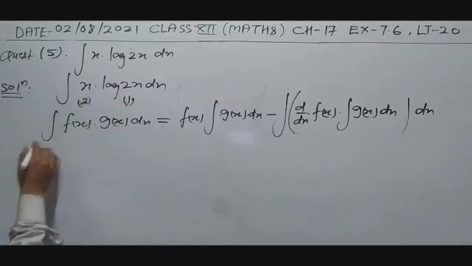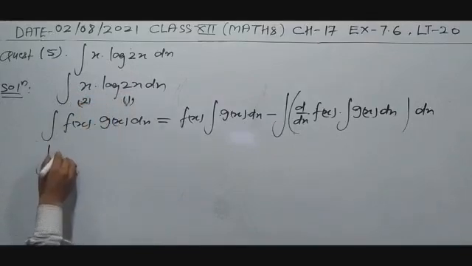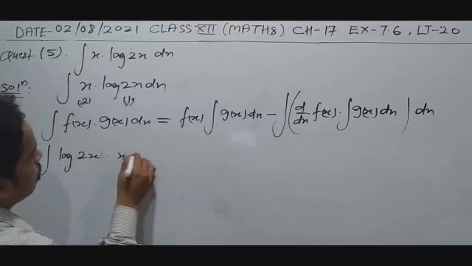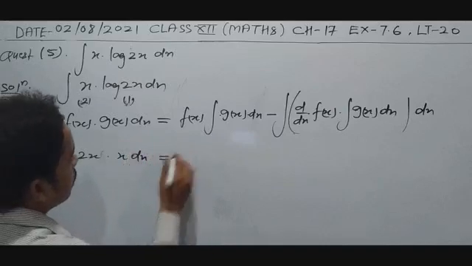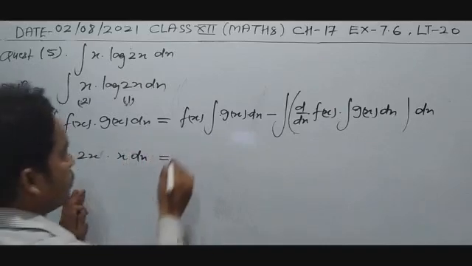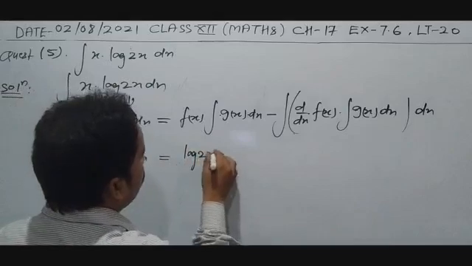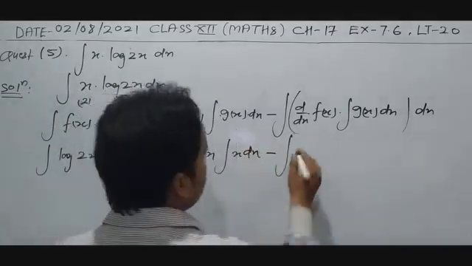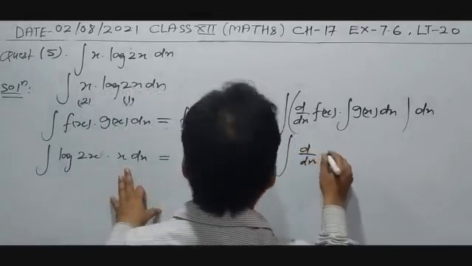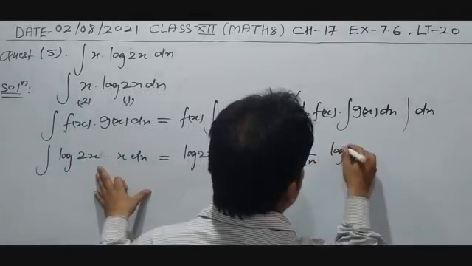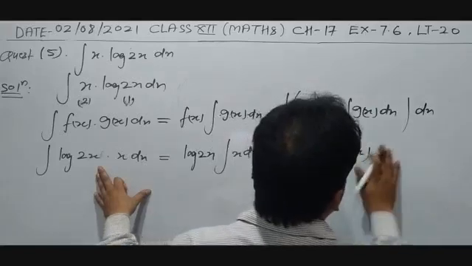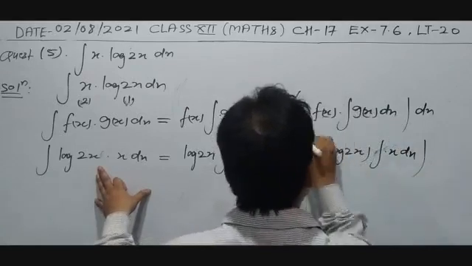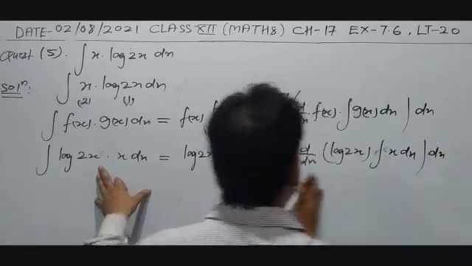Now the next step will be log of 2x times x times dx. The result is log of 2x as first function. So log of 2x integration of x dx minus integration of d by dx of first function, meaning log of 2x, into integration of x times dx, whole dx.